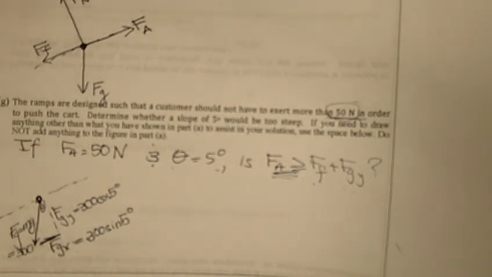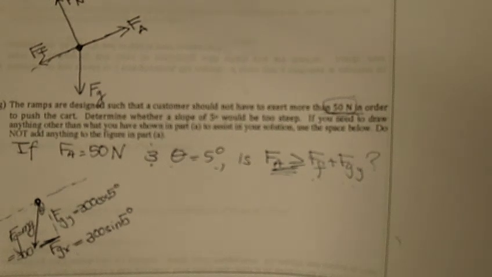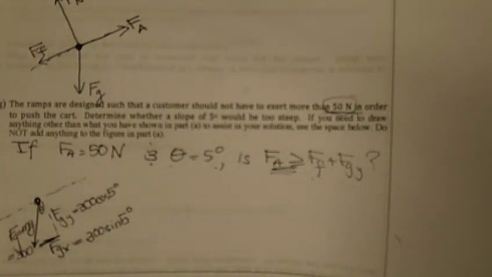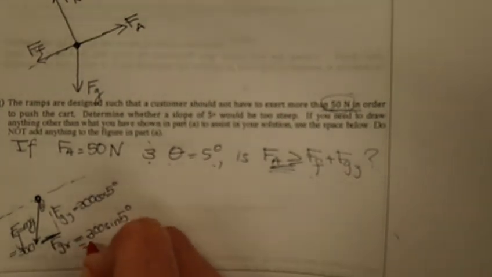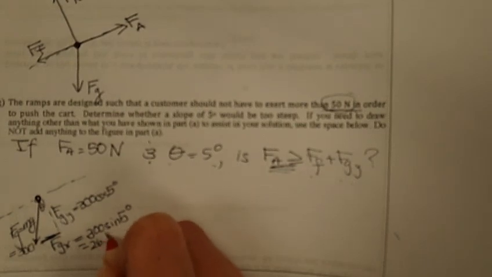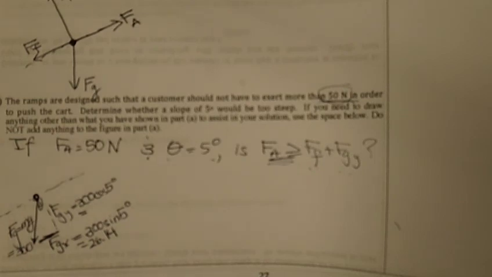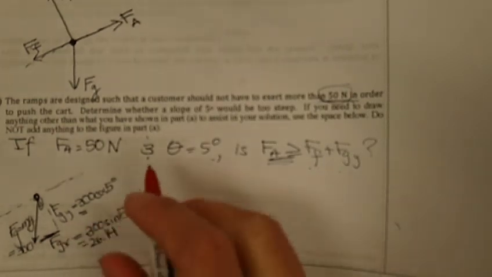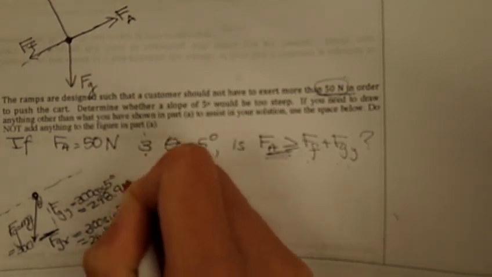Okay, and we can calculate those two numbers. And when we do, we find that Fgx is equal to 26.14 and Fgy is equal to 298.9.